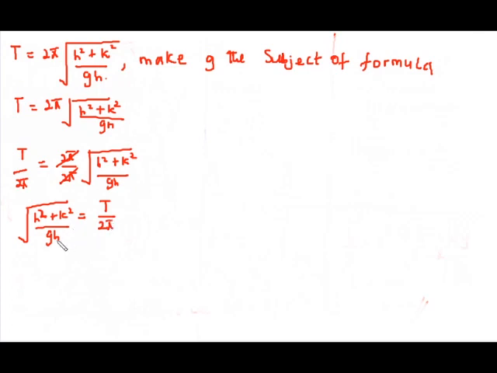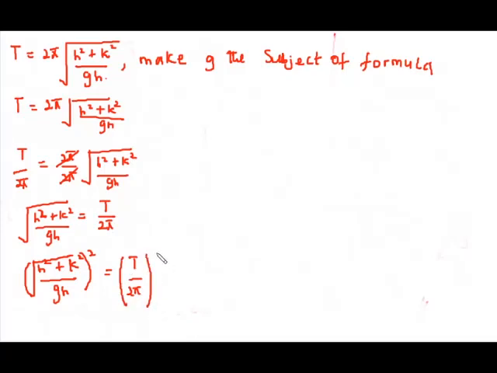And then we have h here, gh here, and we have a square root, so we can't do anything in here without removing the square root. So we have to take the square of both sides to remove the square root here. So we have the square of the square root of h squared plus k squared over gh, and then you have T over 2 pi, squared, so that this square cancels out the square root.